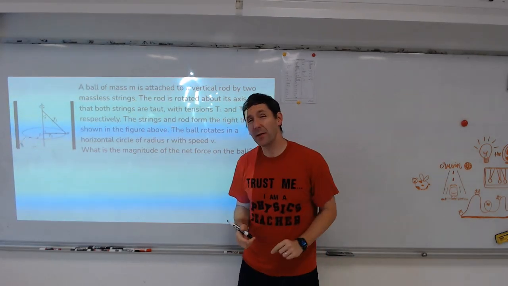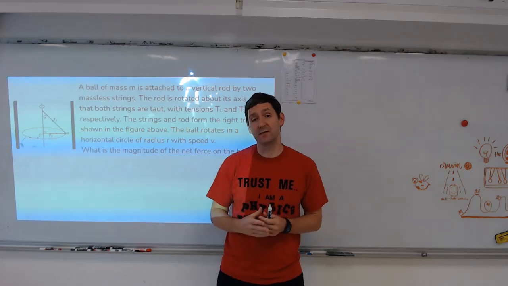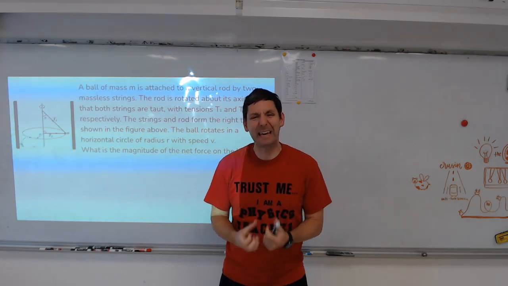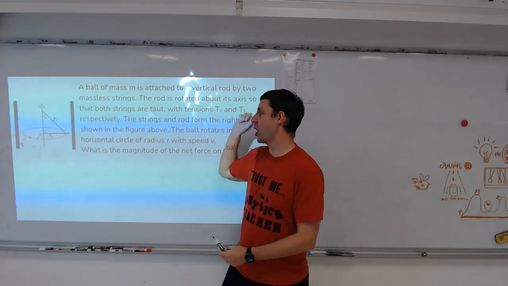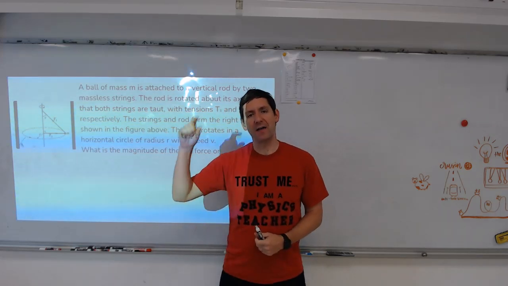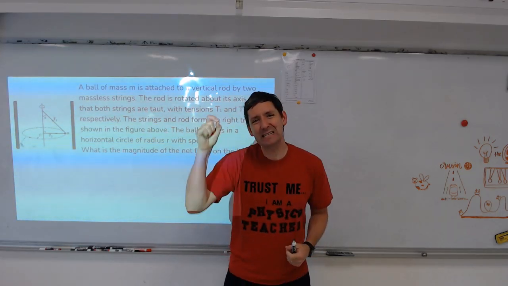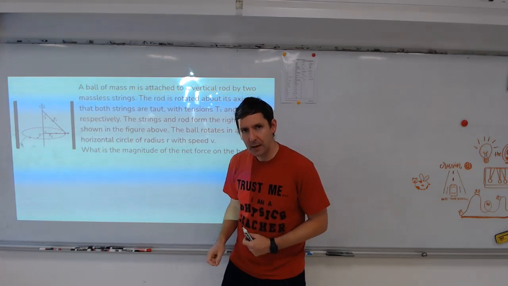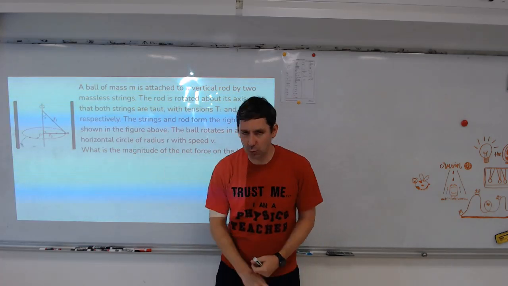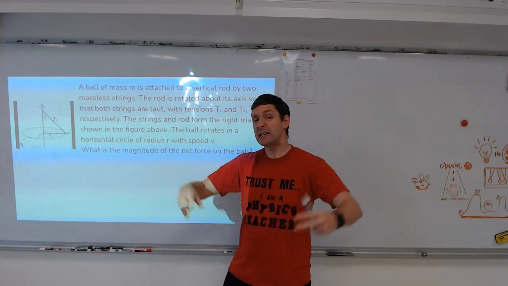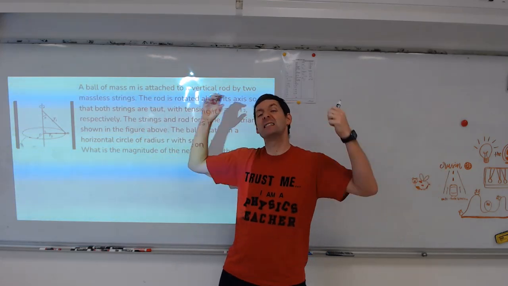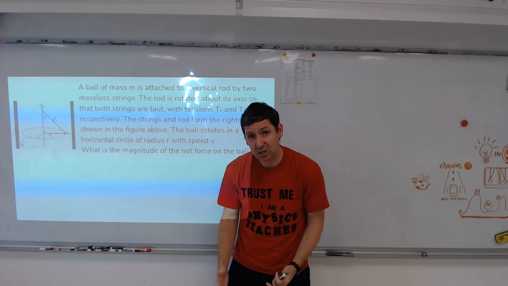Well, this is one of those questions where the whole purpose is, do you really get it? Do you really understand that when an object goes in a circle, the net force is the centripetal force? It doesn't matter what tension 1 is. It doesn't matter what tension 2 is. It really doesn't matter what the force of gravity is. None of that matters.